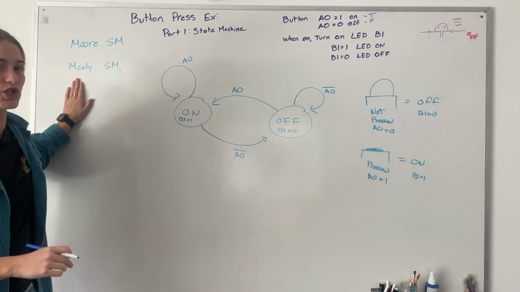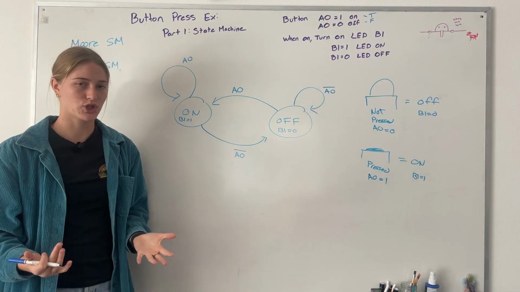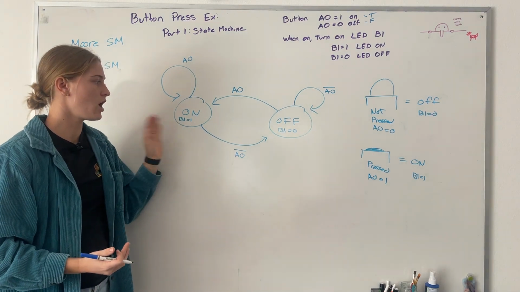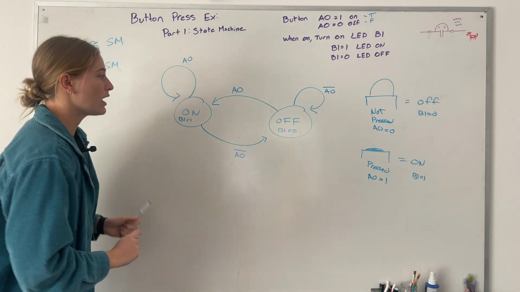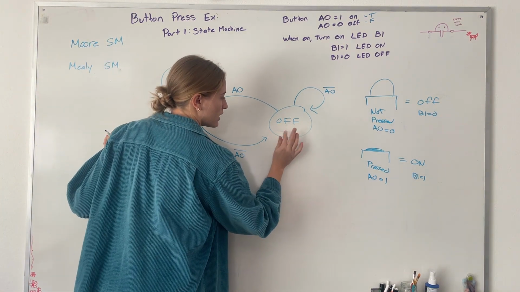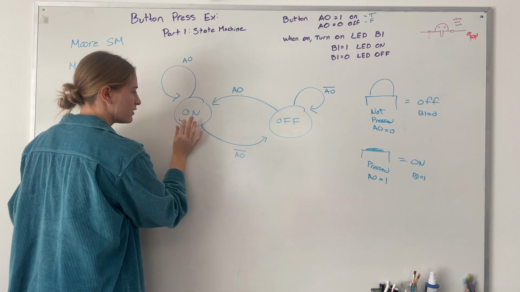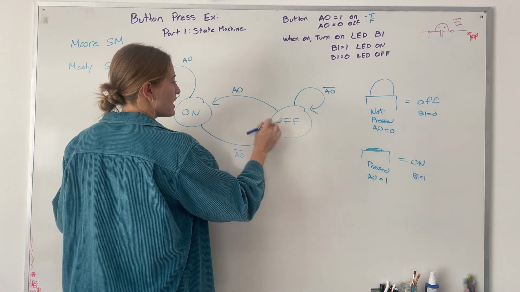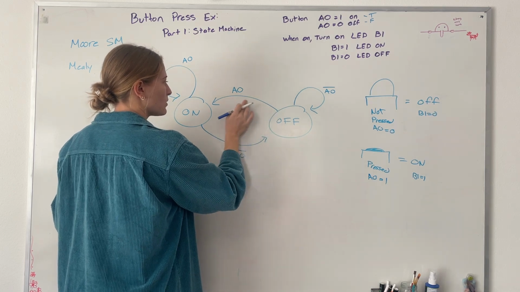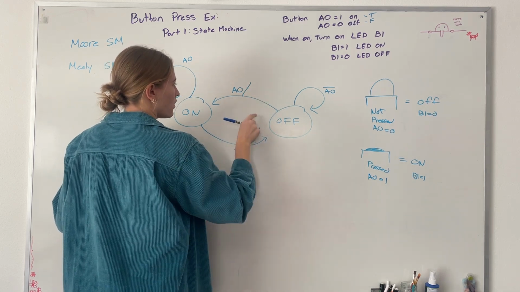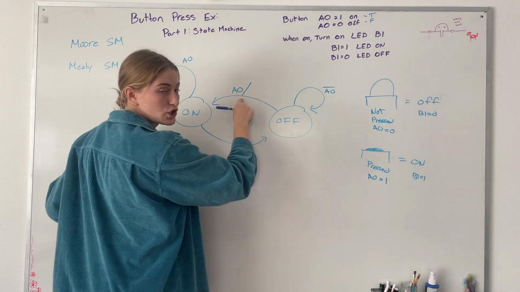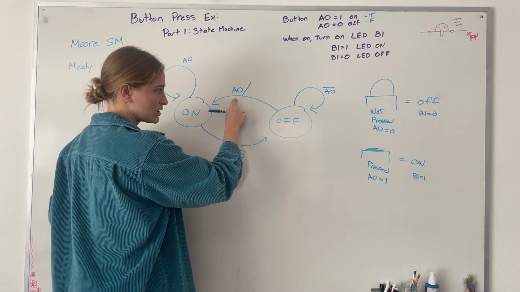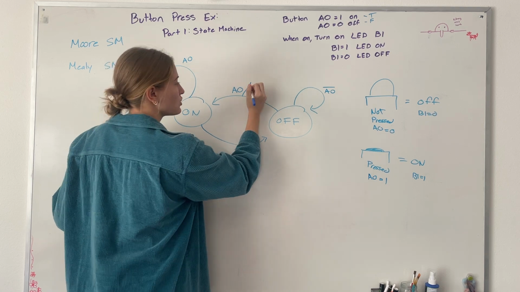A Mealy state machine allows you to have the option to write your outputs on transitions. That means that I could either leave the outputs on the states, or I could do this. As you're pressing the button and A0 becomes true, this slash is going to show our transition, and then this is going to be the output for that transition.